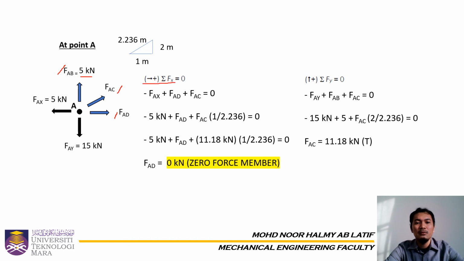By using summation of force in X direction, we have three forces, FAX, FAD, and FAC. By solving it, we get FAD equal to 0, which is a zero force member.